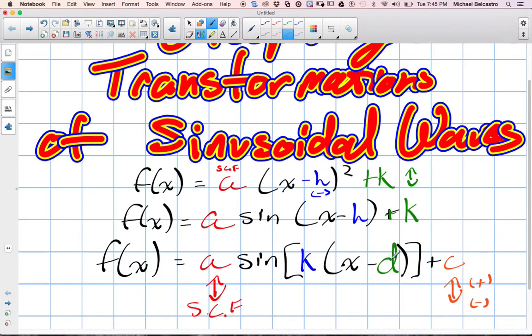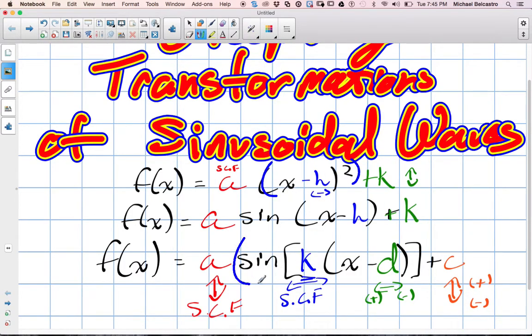D is what the h used to be, horizontal movements, where a plus value here actually goes in the negative direction, and a negative value goes in the right direction. And k is stretches, compressions, and flips over the y-axis, all horizontally. Everything within sine is horizontal, and everything outside of it is vertical, just like thinking of the square as within.